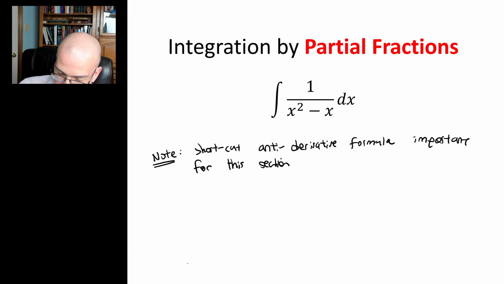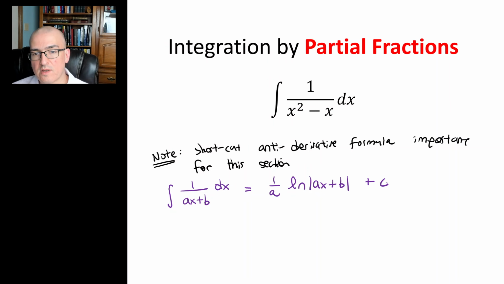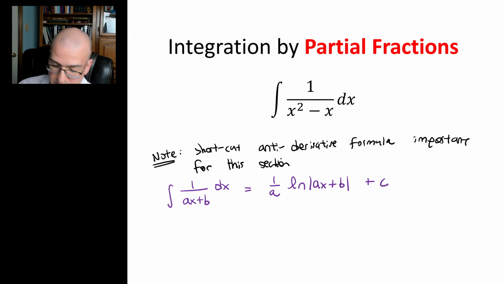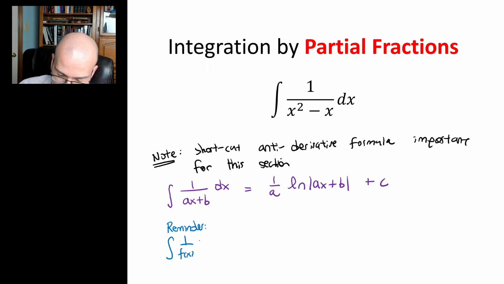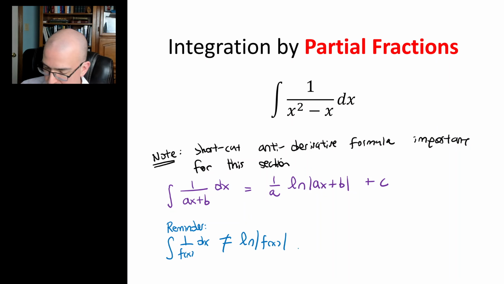So the formula that's going to be really important for the section is the antiderivative of 1 over (ax + b) is equal to 1 over a times ln absolute value of (ax + b) plus a constant of integration. But anyway, it's worth a reminder, the antiderivative of 1 over f(x) is not equal to ln absolute value of f(x) in general.